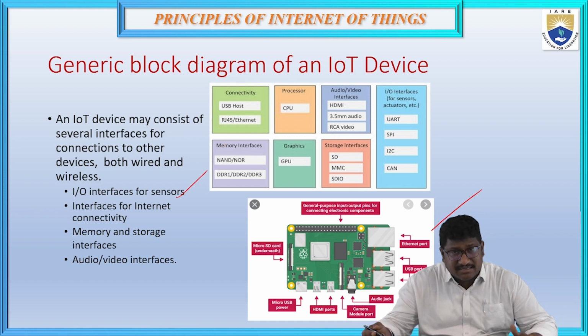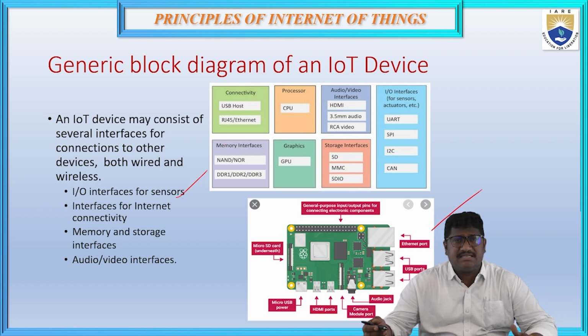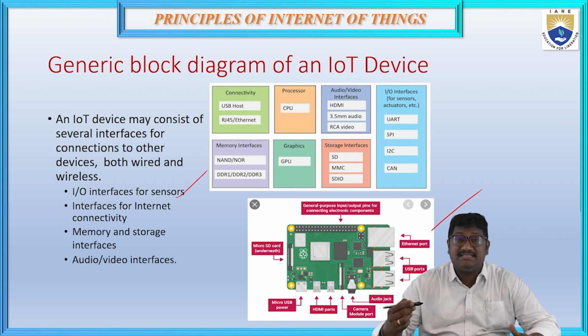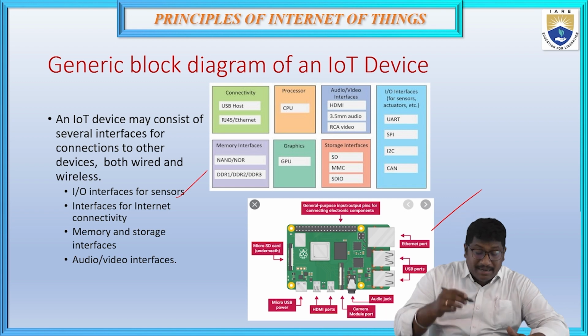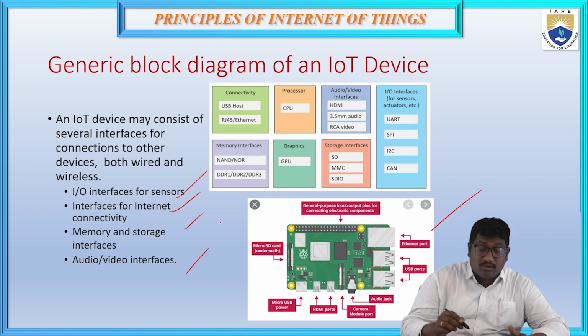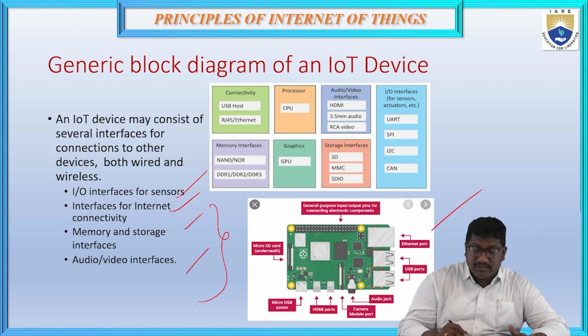I/O interfaces are nothing but input and output interfaces which are used for sensors, and interfaces for internet connectivity also. And also there are some memory and storage interfaces, and some audio and video interfaces. Like that, multiple interfaces are required in an IoT system.